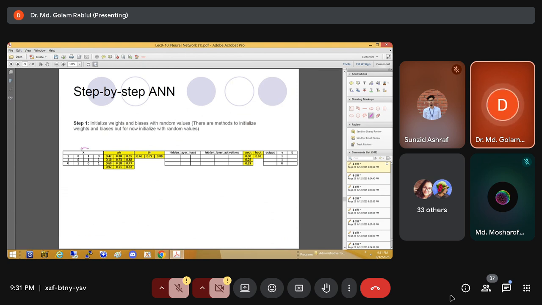Like if we consider our input is X, with 4 features like F1, F2, F3, and F4, and we have 3 instances, instance 1, instance 2, and instance 3.